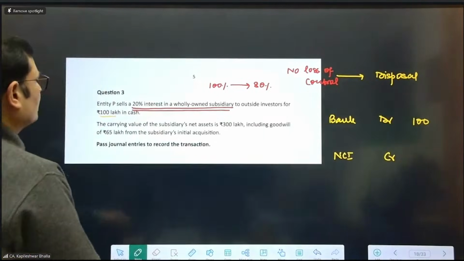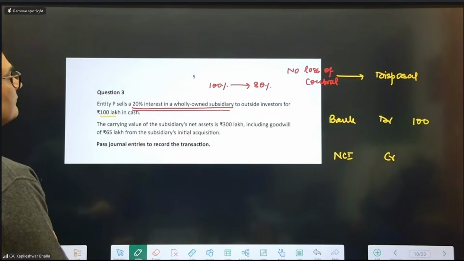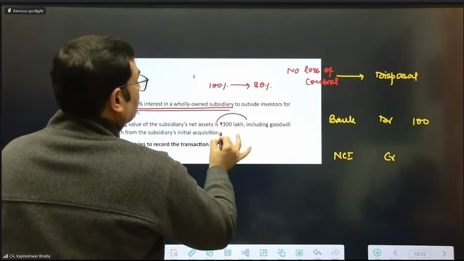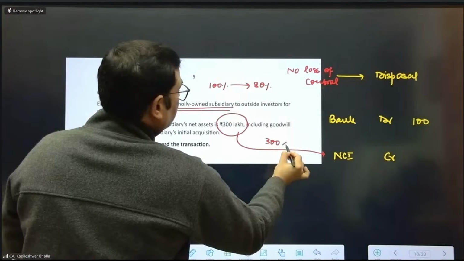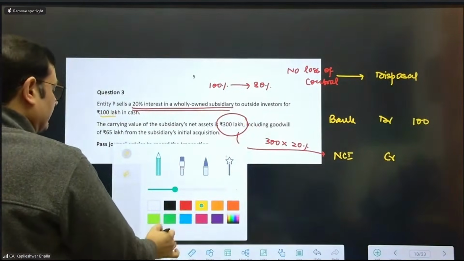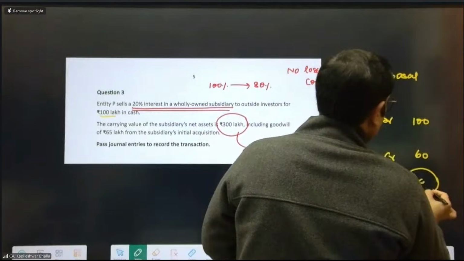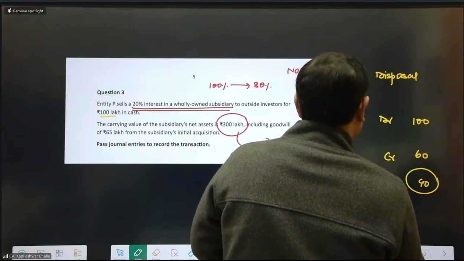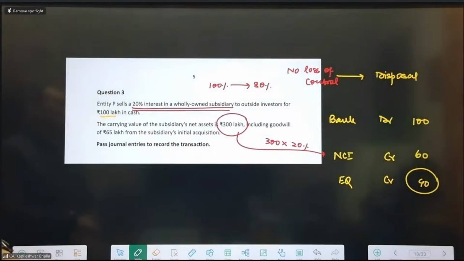That's right. So 20? No, not 20. I mean the absolute figure. The net assets are 300 lakhs. So can I say out of this 300 lakhs, 20% belongs to the NCI? That makes it 60, correct? So there will be a balancing figure, which is going to be taken to equity. The profit or loss on disposal is taken in equity.